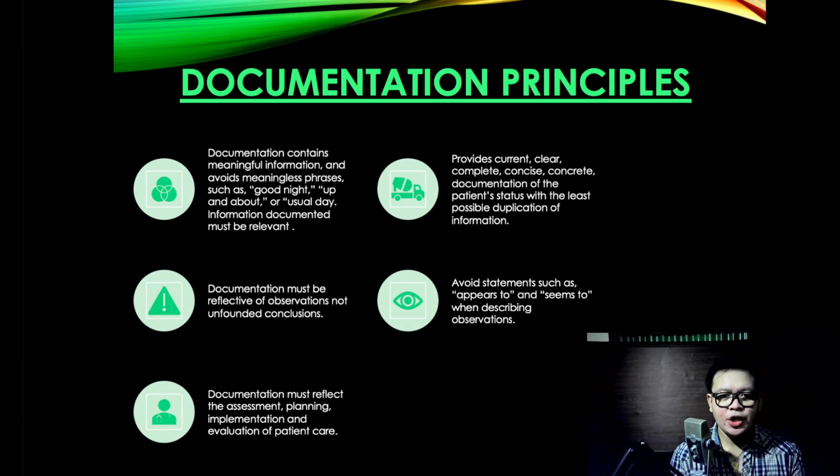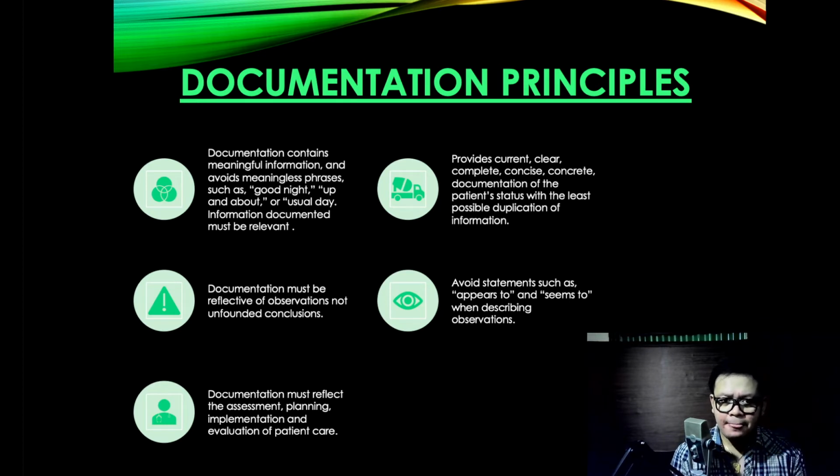Next, you provide current, clear, complete, concise, concrete documentation of the patient's status with the least possible duplication of information. As much as possible, it should be clear and well understood. It should be complete and not incomplete. It should be as succinct as possible because it's easier for us to understand if we construct concise data for our patient.